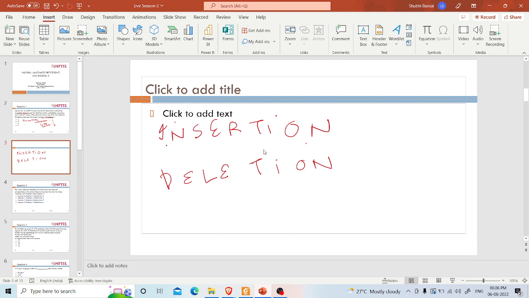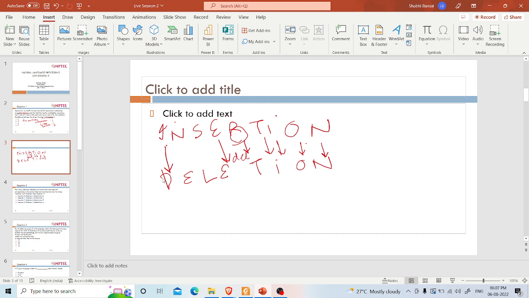If we see these four, they are entirely the same: T, I, O, N. You can keep them as is. And this E also. So for this R, what operation can we perform to remove it? Delete. Yes, we can perform one delete.